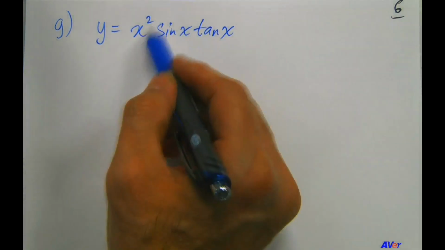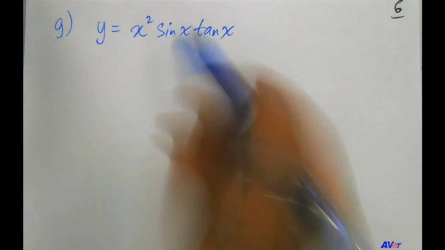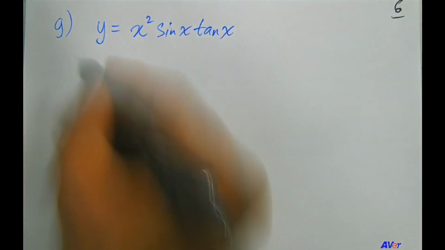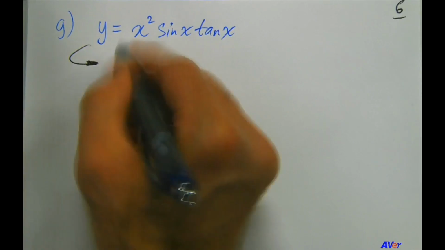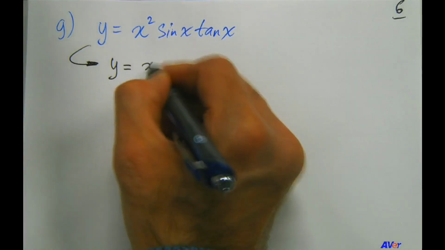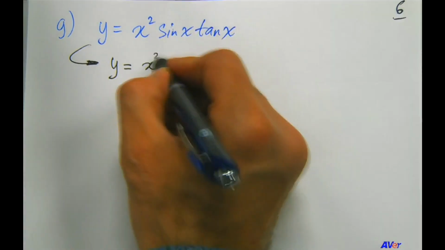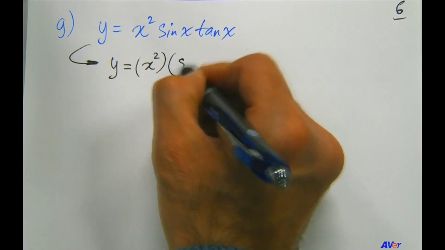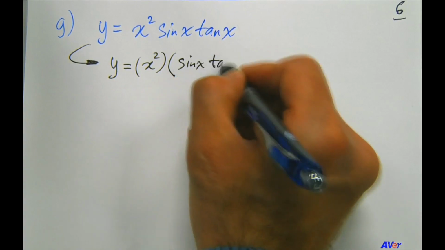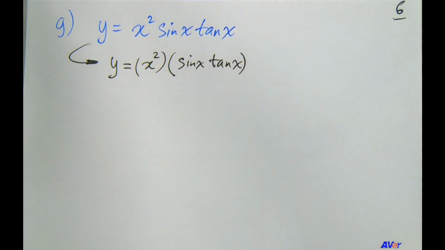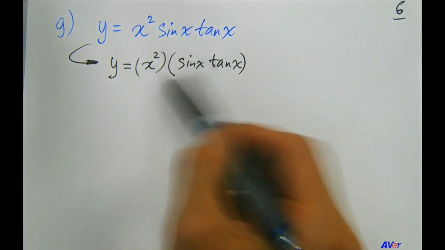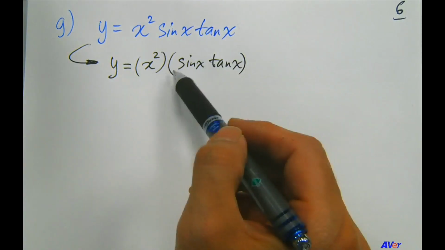In other words, let's rewrite this. Y equals, or if you don't want to write it this way, but think of them like this: x squared times sine of x times tangent of x. So if you don't do this on paper, then think of it this way in your mind.